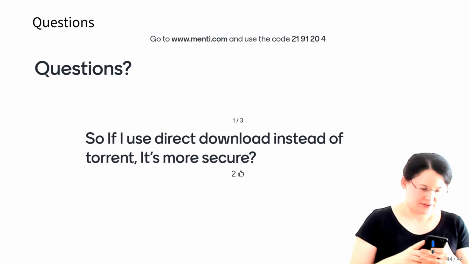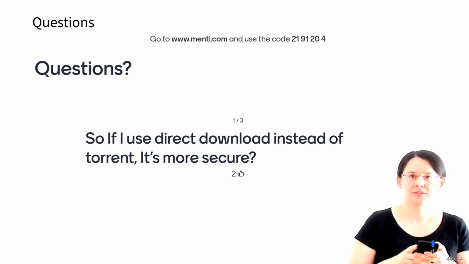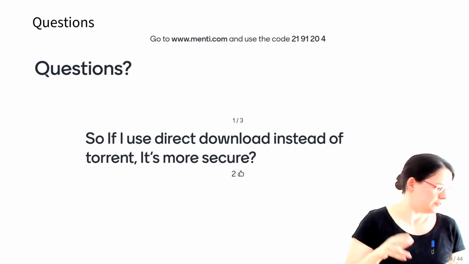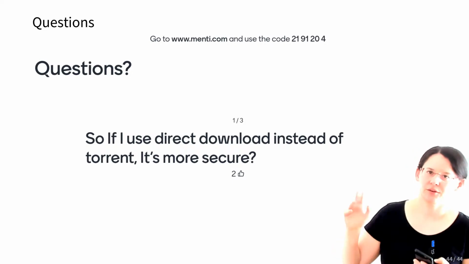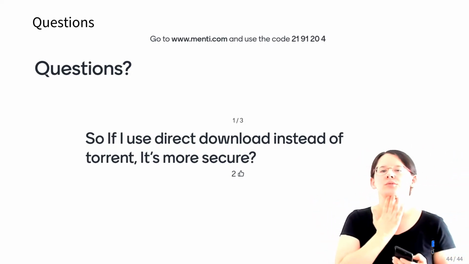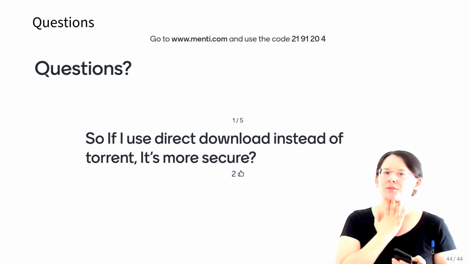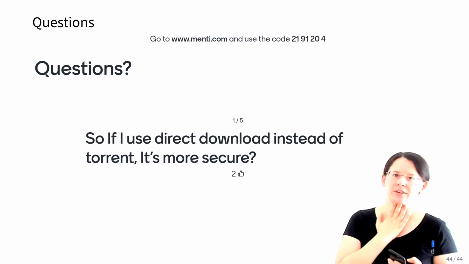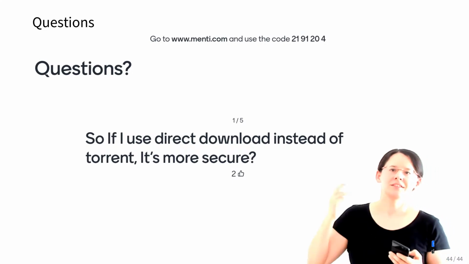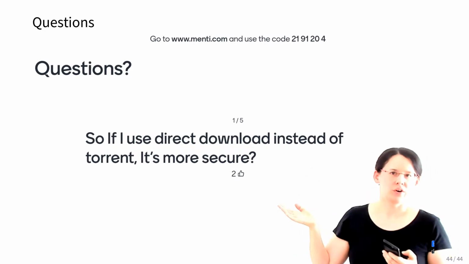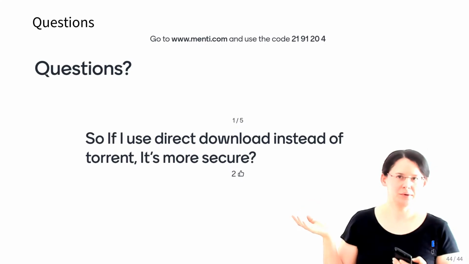So there's a first one here, which was on the file download example in the beginning. So the question here is, is it more secure to use the direct download into the torrent? Well, since we do add the crypto, overall, it should be similar.